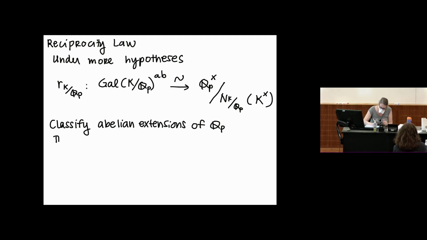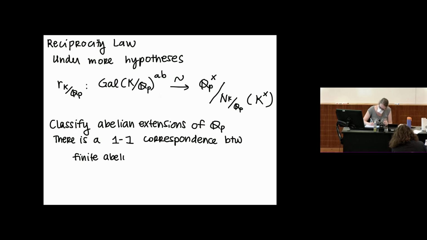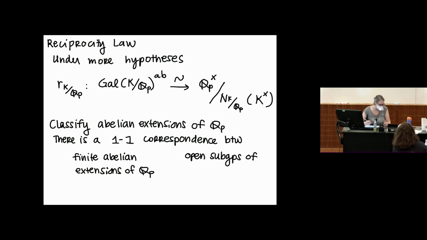It tells you that there is a one-to-one correspondence between the finite abelian extensions of Q_p and the open subgroups of finite index in Q_p cross.